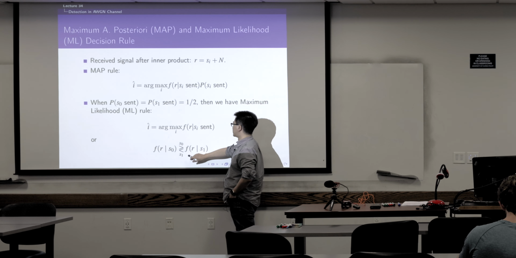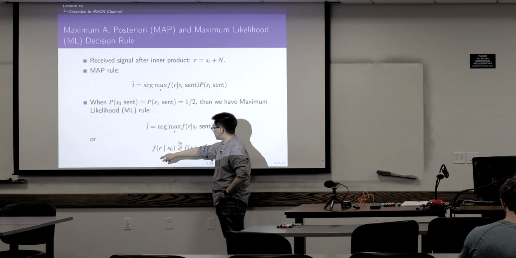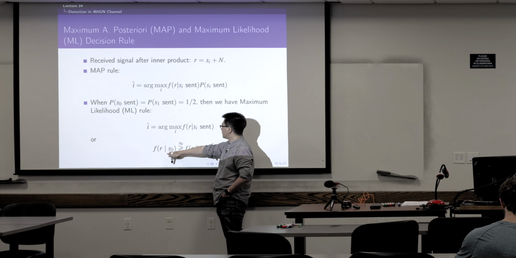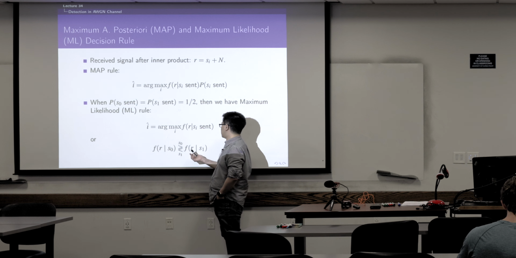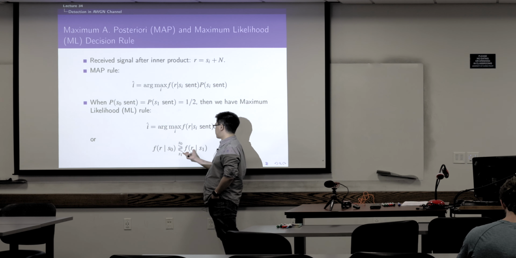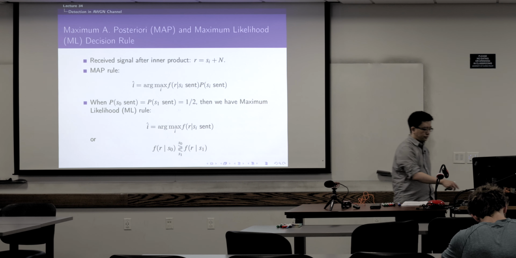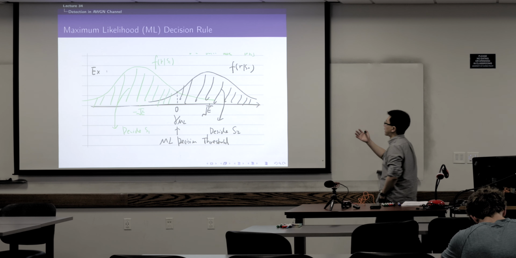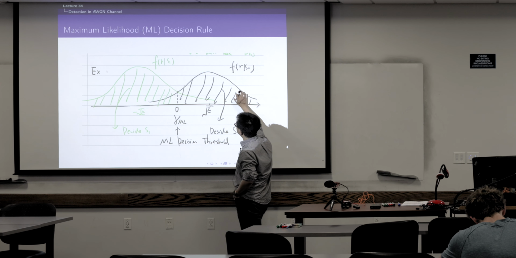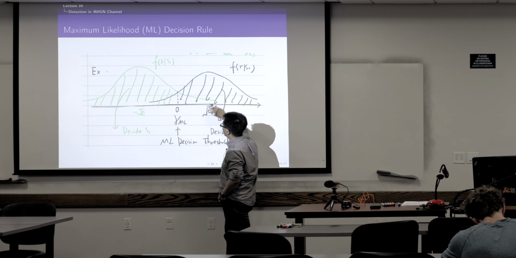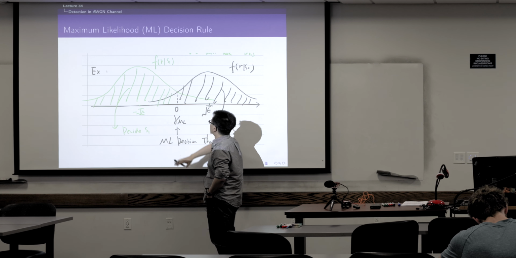They're equivalent. This means that we need to find a region where, if this one is bigger than that one, we say it's S0 sent, and if that one is bigger than this one, it means S1 sent. If we sketch it, we look at this figure. The black curve is the PDF of R given S0 sent, and the green one is the PDF of R given S1 sent.